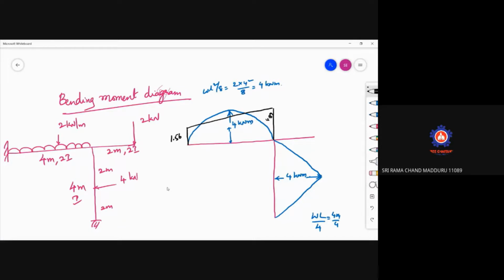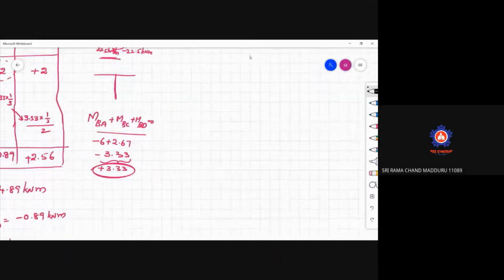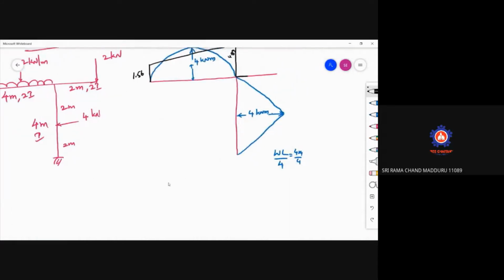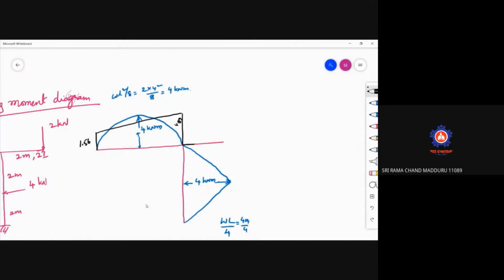Now come back to this one. In this one, what is the support moment? MBD is 0.89 and MDB is 2.56. So just check the values with your calculation. So this is 0.89, this is 2.56. You have to join them with a straight line like this.